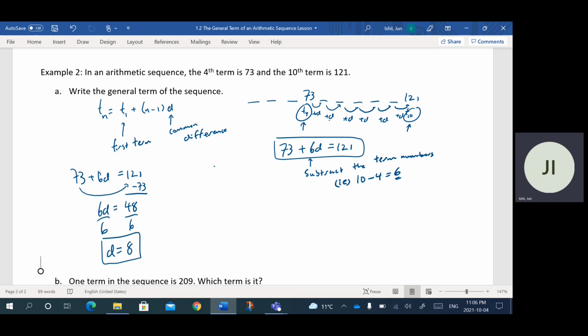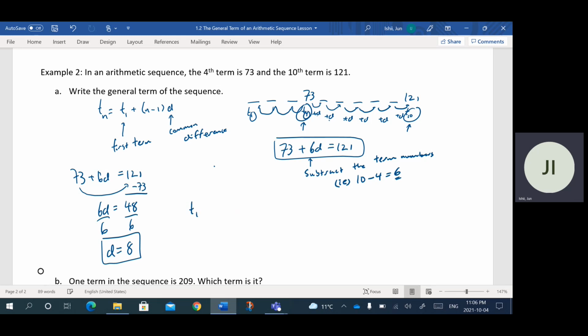Now if I was to go in the other direction, the other thing I need to find is T1. So to go in this direction, I'm going to subtract the common difference 3 times. The way that you can see it is that 4 minus 1 is 3.